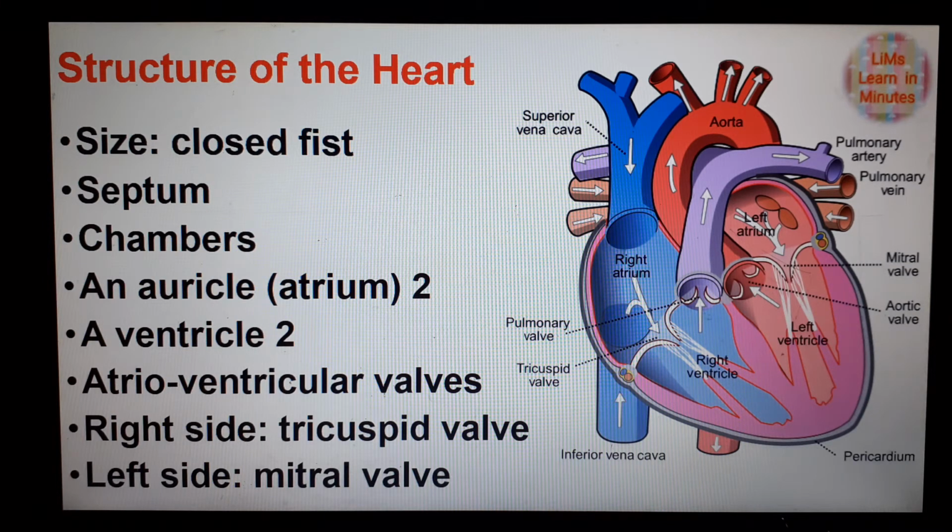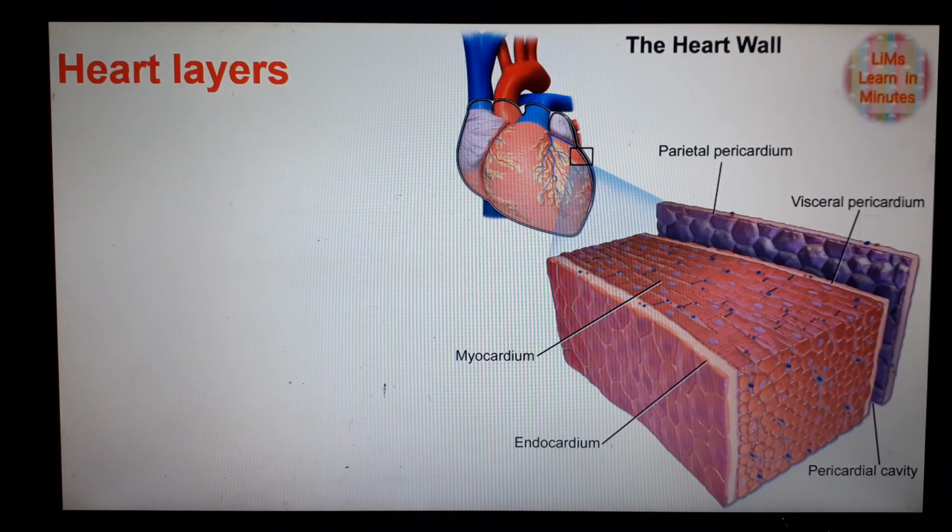This is the diagram of the heart and the great vessels. Arrows in this diagram indicate the direction of blood flow. The heart is made up of highly specialized cardiac muscle and is covered by a membrane. The heart has three layers.